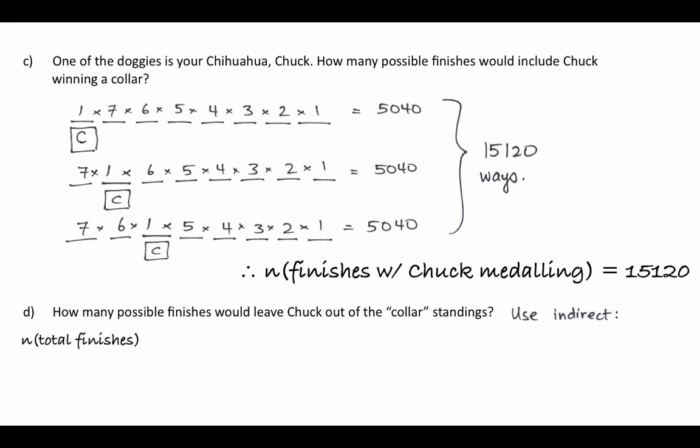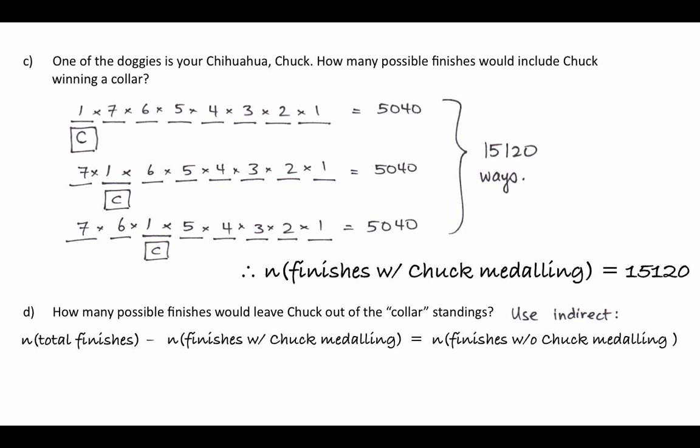The total number of finishes that we established in part A, without any restrictions on Chuck or anybody at all, I subtract the number of finishes where he does win some kind of a medal. That gives me the number of ways that the race can be run without him winning a medal.